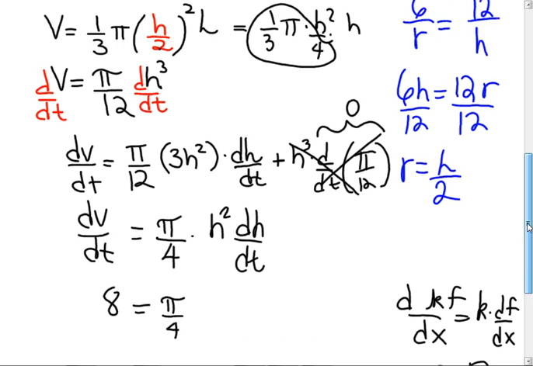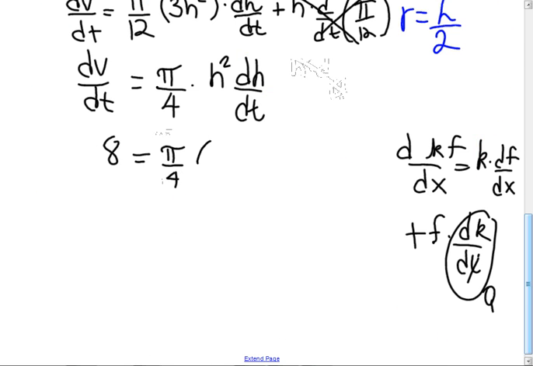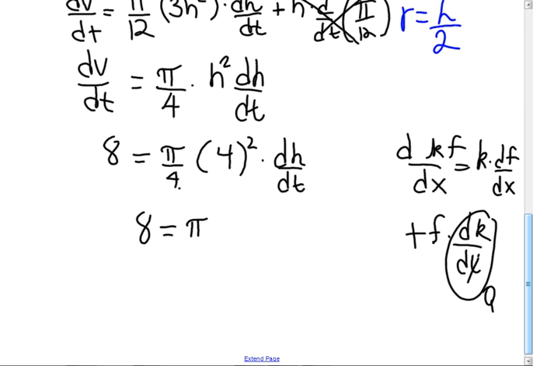Okay, what's h? 4. And don't forget to square it, times dh/dt. Simplify before I try to solve. 4 into 16, that leaves me 4 pi times dh/dt.